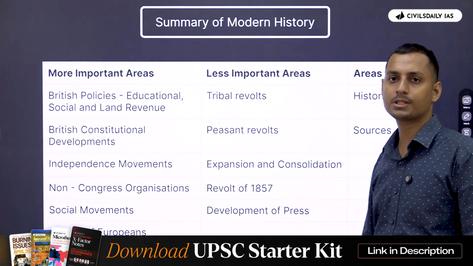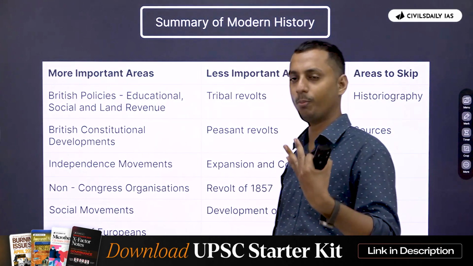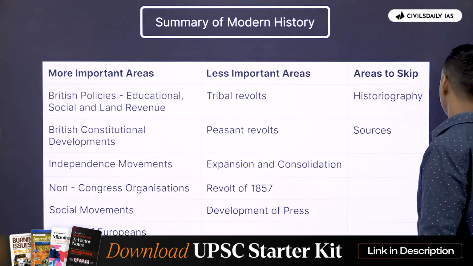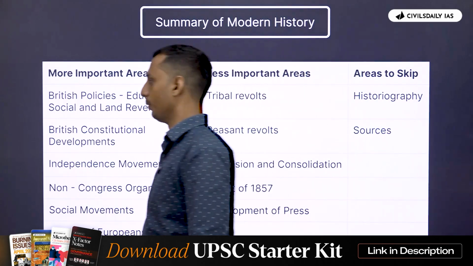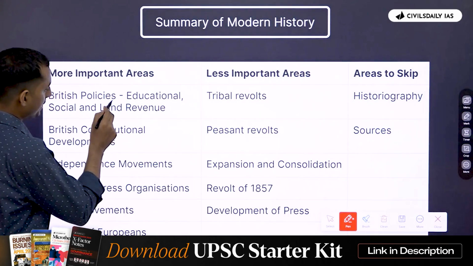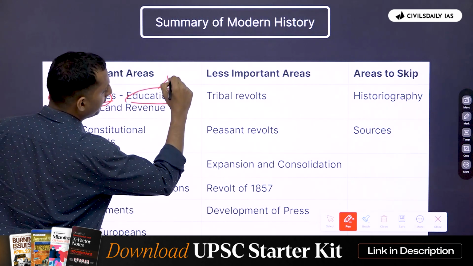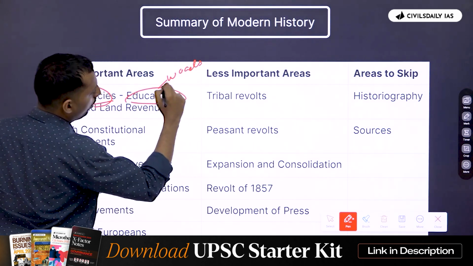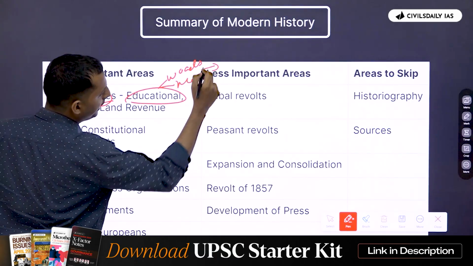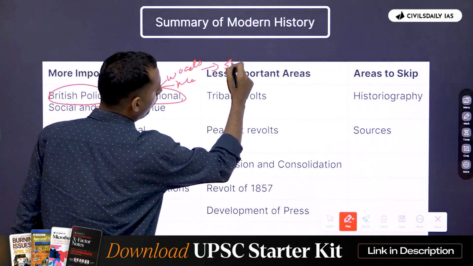So now let us summarize the most important areas, and also the areas to skip with respect to Spectrum and other books. On British policies, in education, if you're studying Wood's Dispatch or Macaulay's Minute, dive deeper because statement-based questions can come.